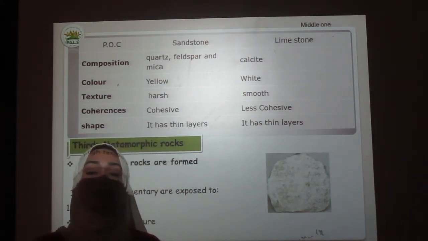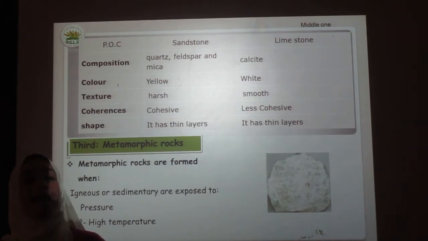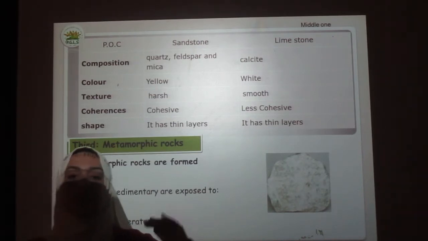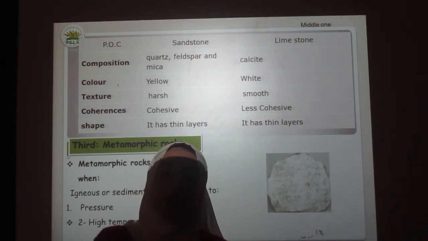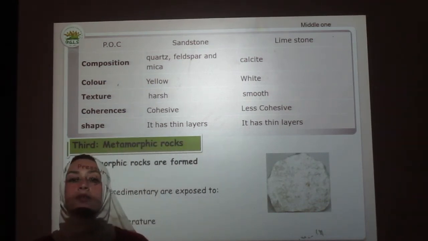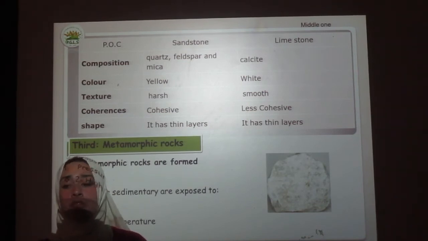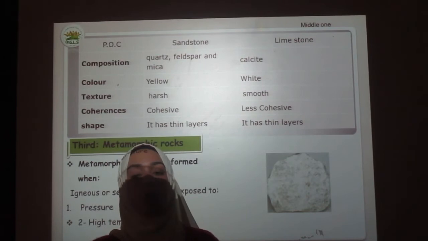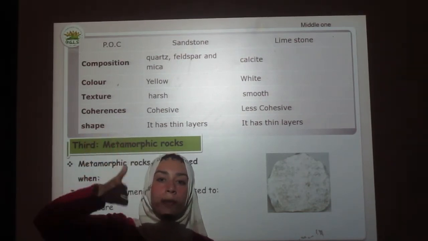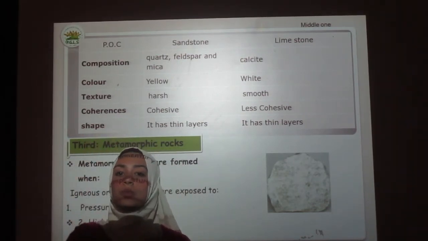The second type we talk about is the sedimentary rocks. Sedimentary rocks, we said that they are layers of rocks that formed from sediment, the cohesion between sediments. What are the steps that form the sedimentary rocks? First of all, the great rocks fragment by the effect of fast water.